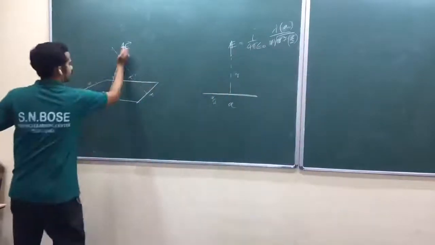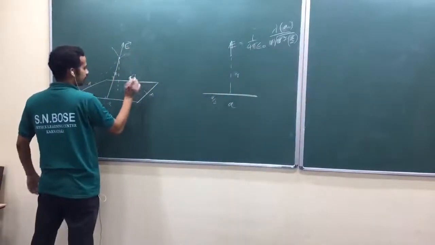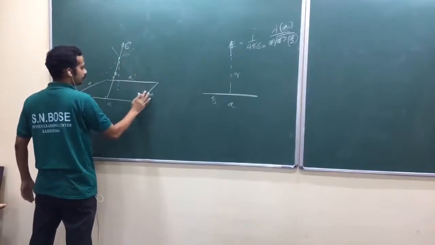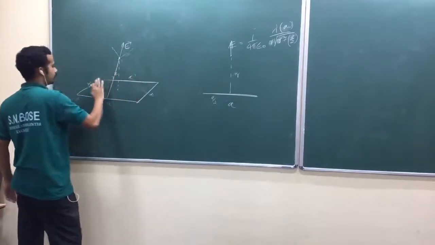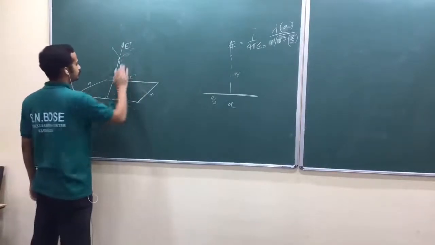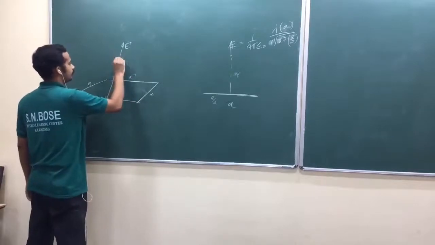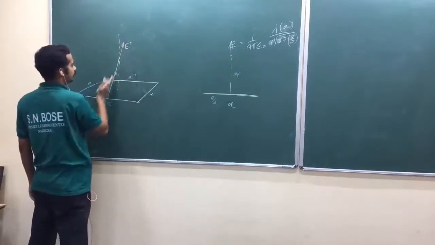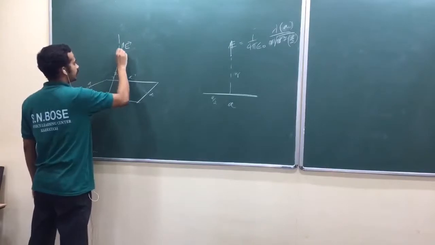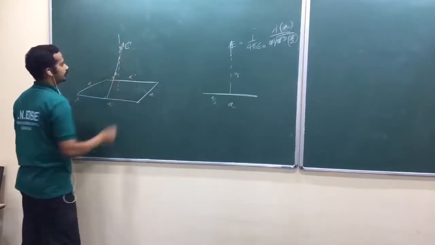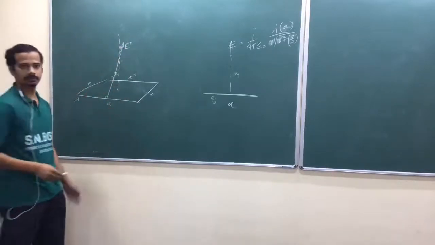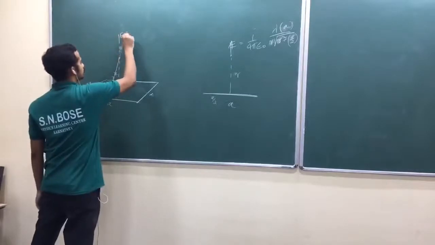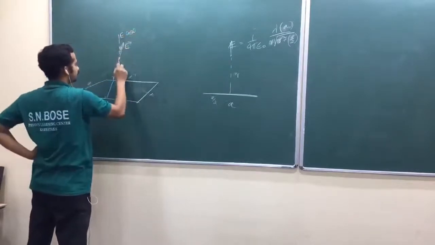So that's why I take only one side of that loop. Now this is the electric field, this is theta, am I right? Now take the vertical component, E cos theta. If this is theta, this is theta.